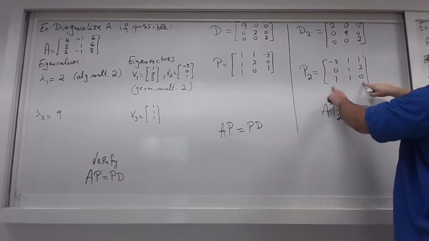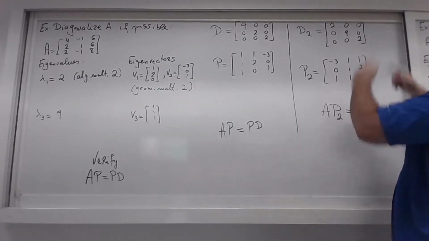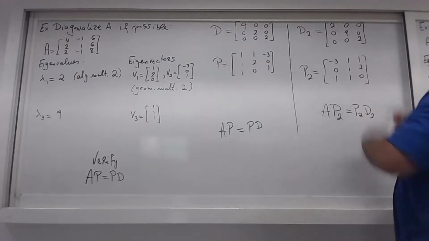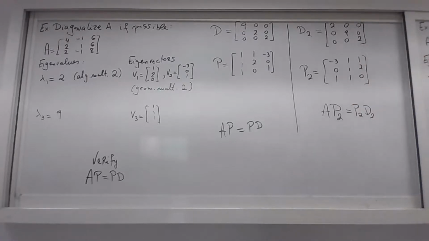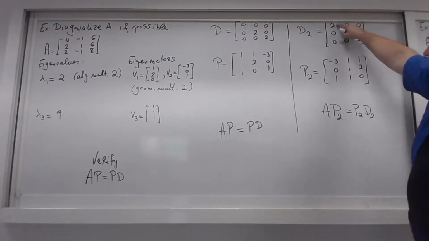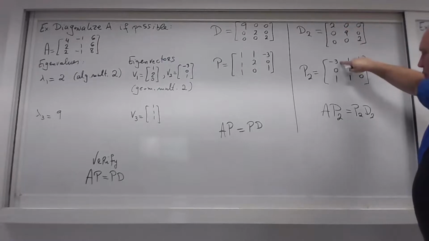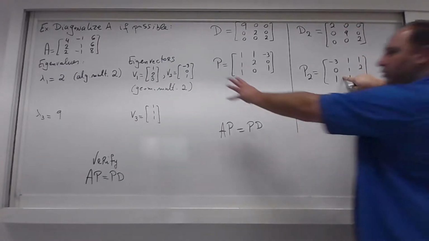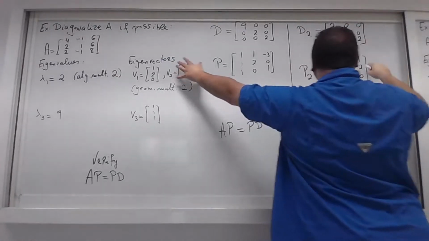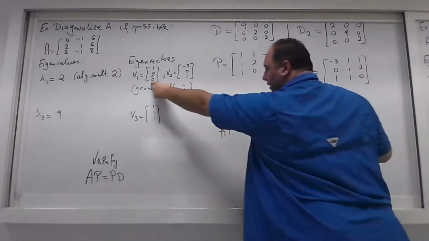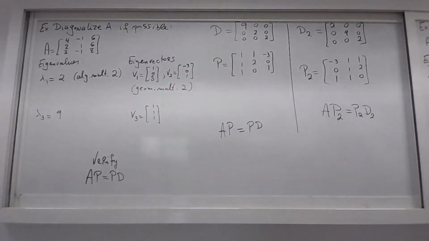Because it's 2, 2, you can put this guy or this guy, doesn't matter. You can swap them, doesn't matter. It's up to you, but follow the order. You need one eigenvector corresponding to 2, you put one of them. Then you need another one for the last column. Well, you take the remaining one. Your choice. All is good. Just follow the order.